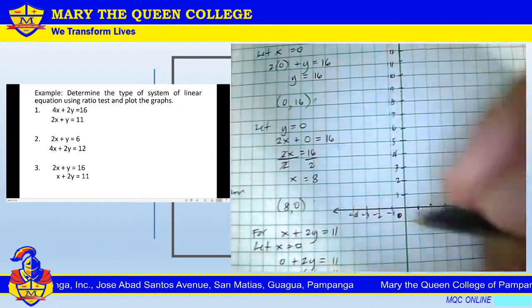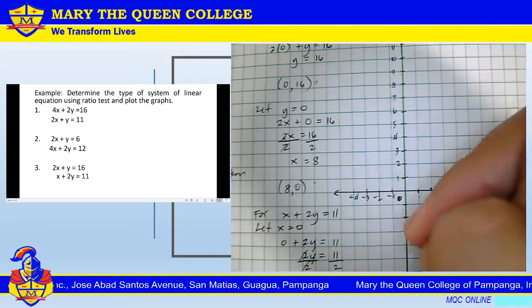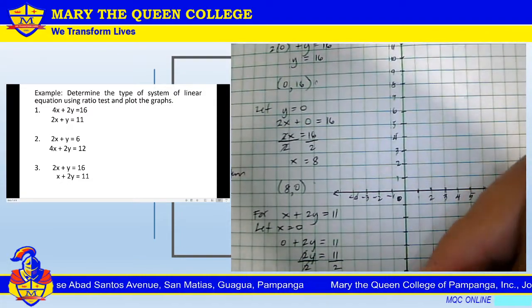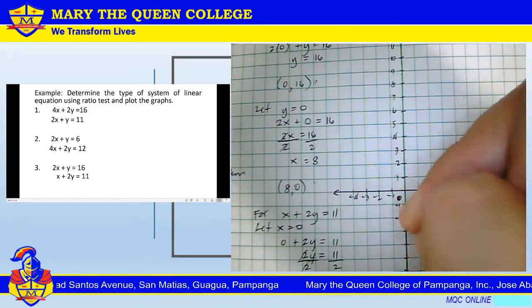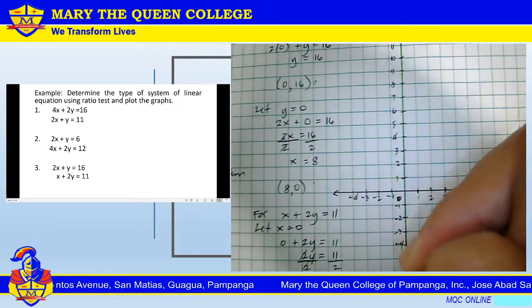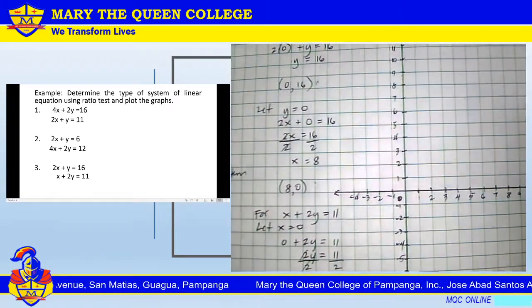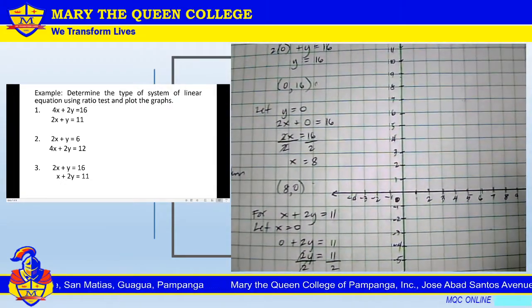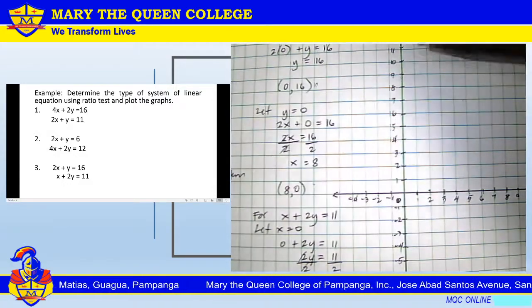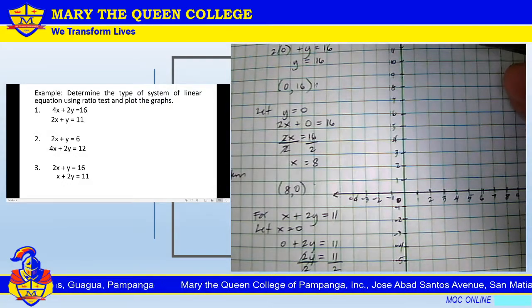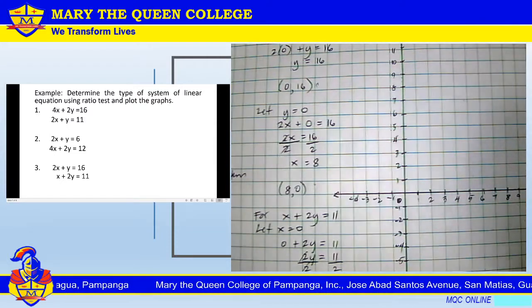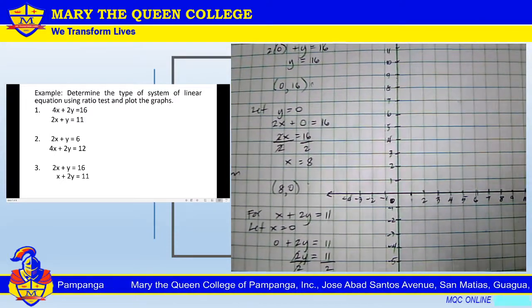So when you create your Cartesian plane, make sure you use the same intervals. And as suggested, the numbers on the y-axis must be on the left side, and below the x-axis are the numbers. Okay?